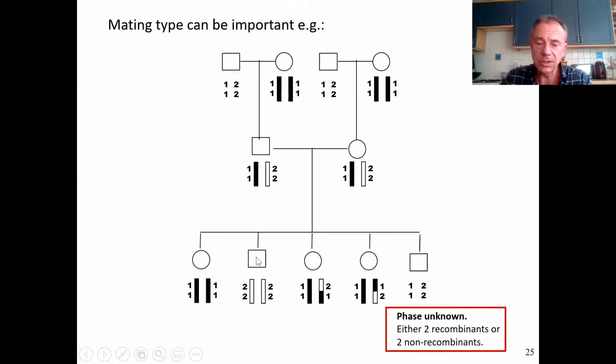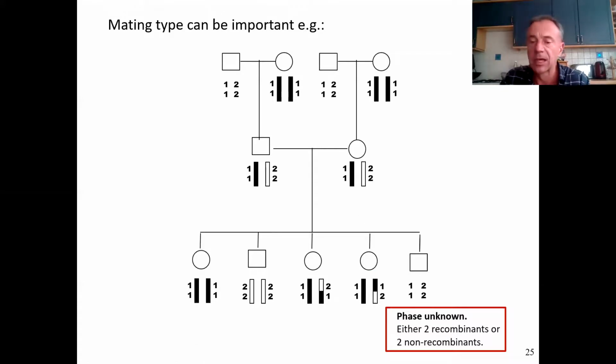Then for this person, this person, this person, and this person, we can tell how many non-recombinant and how many recombinant haplotypes they've inherited. So this one has inherited 2 non-recombinant haplotypes, 1 from the father and 1 from the mother. This one also has 2. This one has got 1 non-recombinant and 1 recombinant, and we don't know which way around it is. They've either got a non-recombinant from the father and a recombinant from the mother, or the other way around. It doesn't matter. It's still one of each.